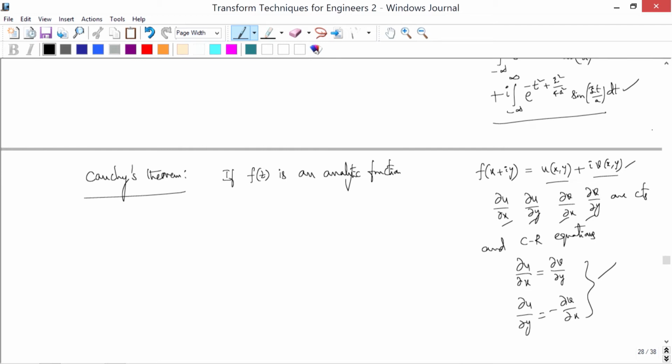If you read some book on complex calculus, complex functions theory, you calculate the derivative of a function.